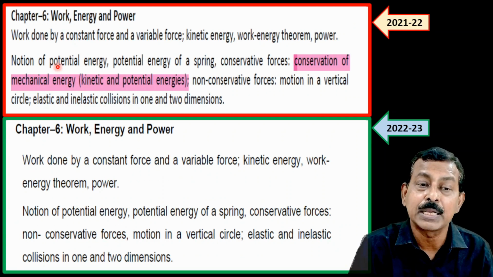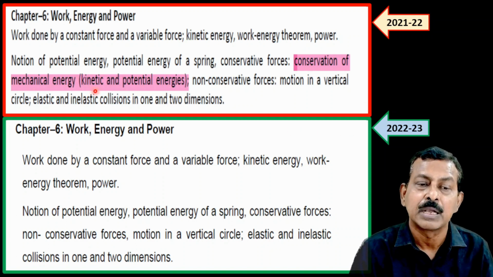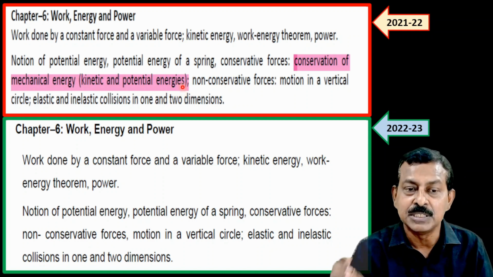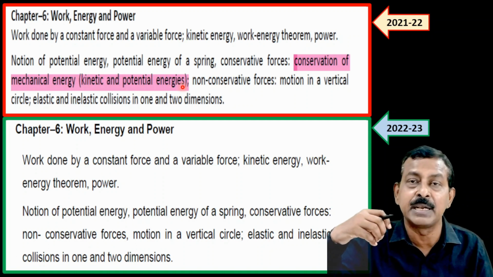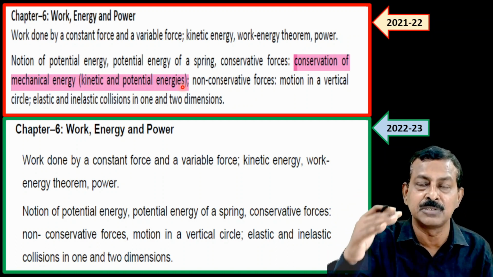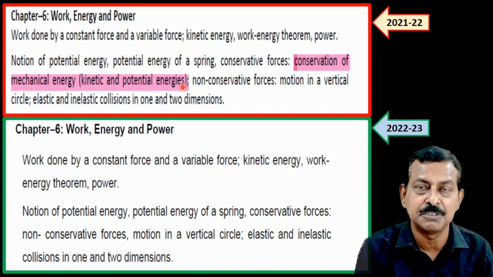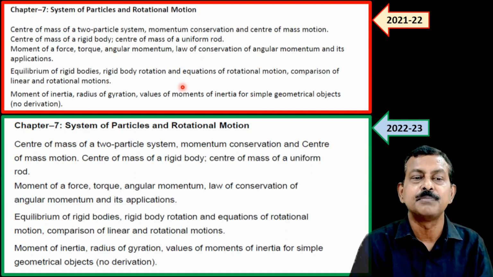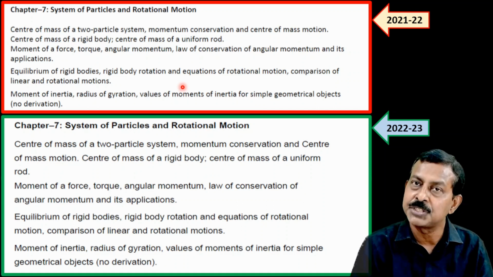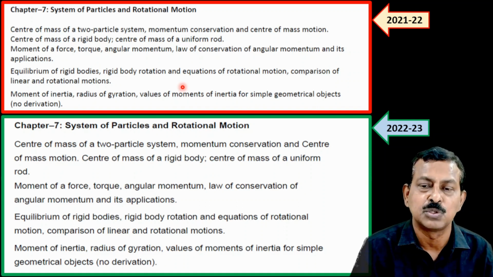Whereas in work, energy and power, conservation of mechanical energy, kinetic and potential energy is deleted. So all the questions like if a body is dropped from a certain height so that energy is conserved at different points, this type of thing or the derivation is now not there. In system of particles and rotational motion, no such changes there in the syllabus.